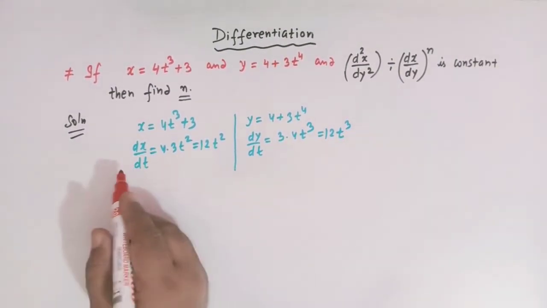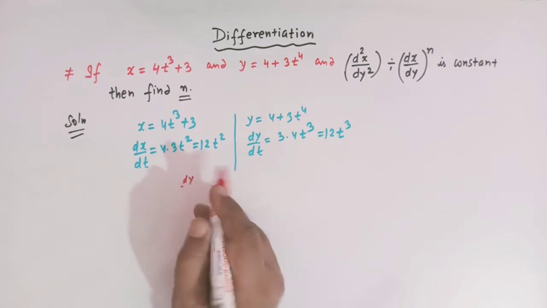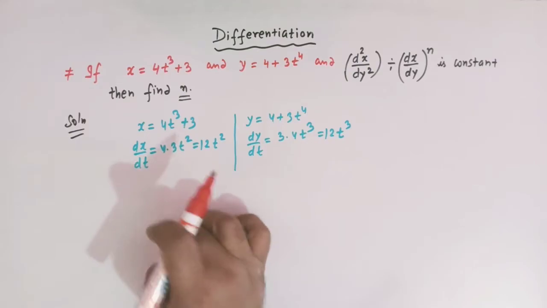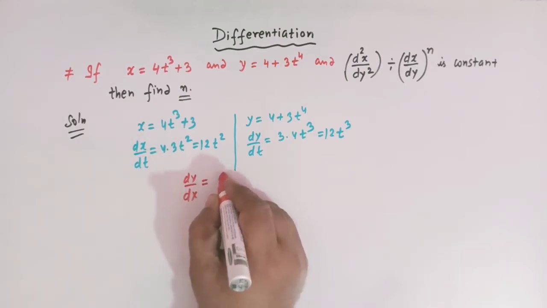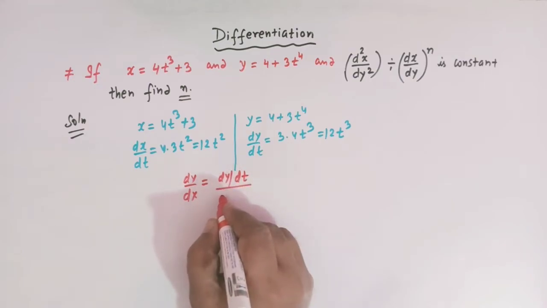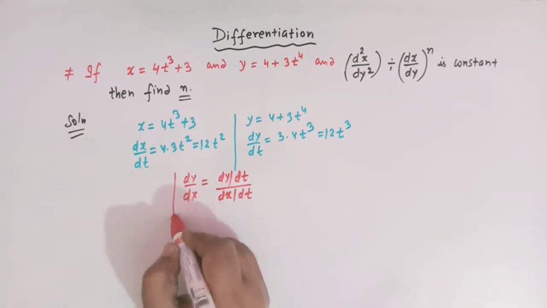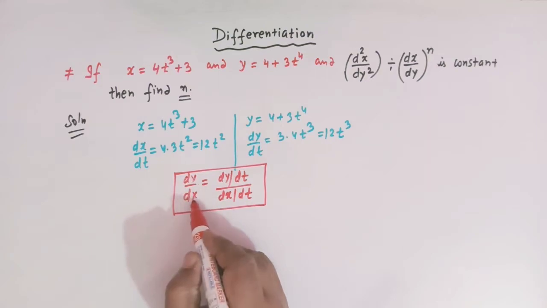Now let us find dy/dx. From parametric differentiation, we know that dy/dx is given by the quotient of dy/dt divided by dx/dt. This is the formula for finding the derivative of y with respect to x.